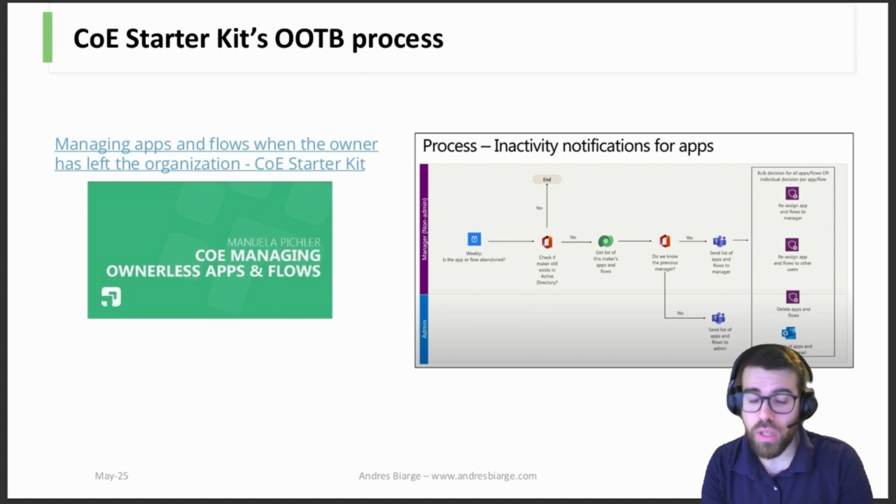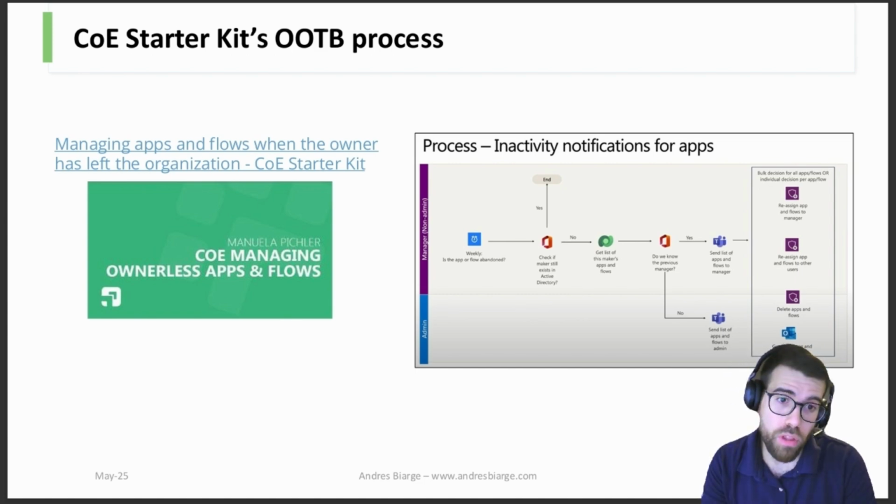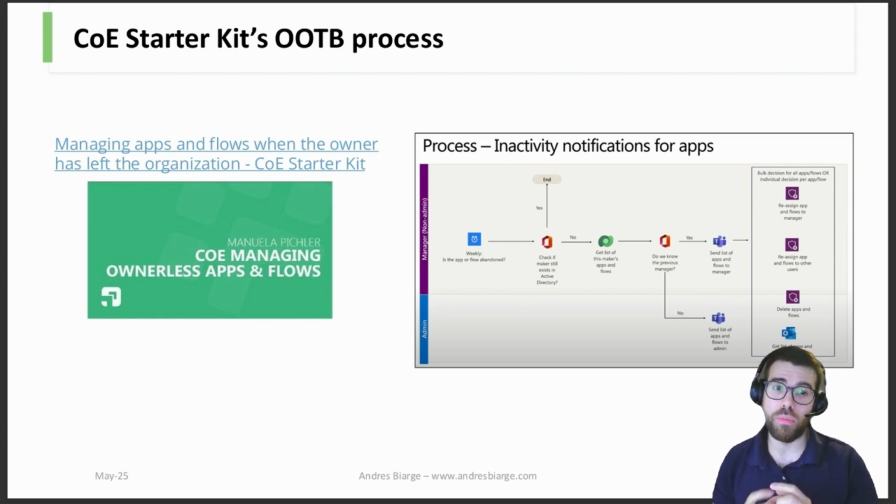And most importantly, if we are also using approvals, this one is a tough problem, because approvals need the user who receives the approval to also be inside the system user table in the environment, meaning that it needs to be a user inside the environment. And normally the recommended way to handle the Center of Excellence environment, where we have the Center of Excellence Starter Kit installed, is to protect it with a security role so that only admins access it.